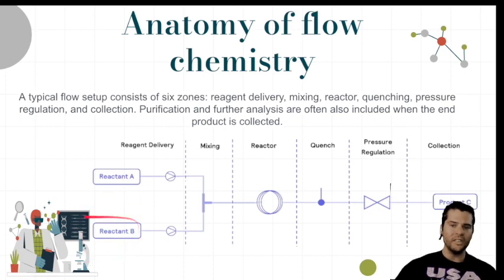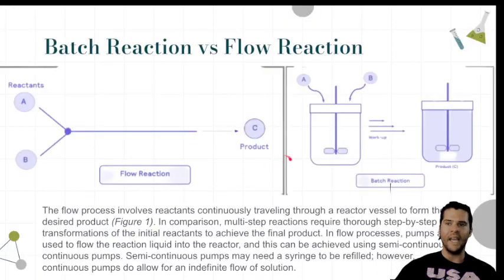What you're going to see is reactant B and reactant A are going to be consistently delivered. They're going to be mixed together, transferred through the reactor, and then immediately quenched with a very, very low residence time. Then you have your pressure regulation, and finally your end product, which in our case is either going to be CBD, CBDB, whatever that end product is that we started with in reactant A and B.